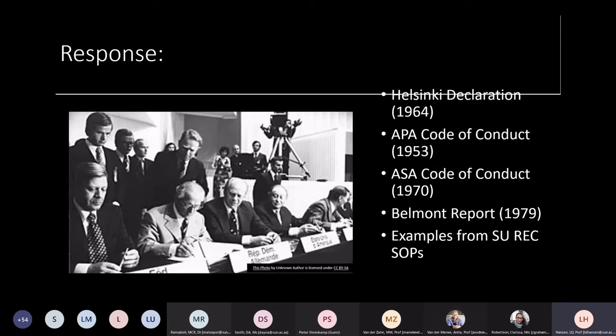The most important ones that I just quickly want to refer to, and the gist of these codes, would be the Declaration of Helsinki, which in 1964 was accepted by the World Medical Association. It was widely regarded as the cornerstone of human research ethics, and it was to a high extent a reinterpretation of the Nuremberg Code with an eye to medical research with therapeutic intent.